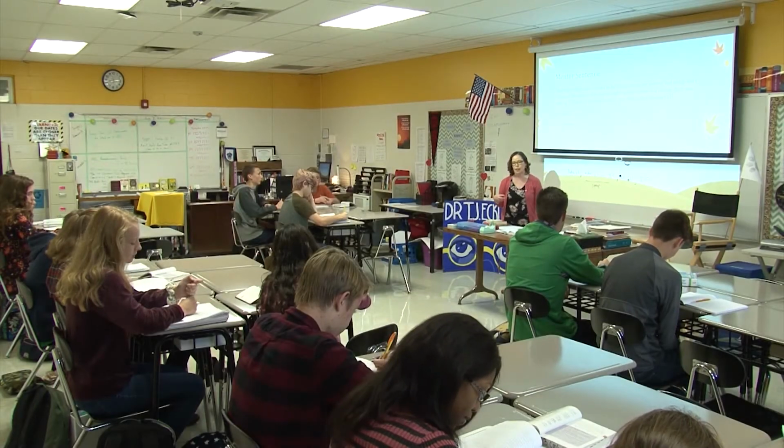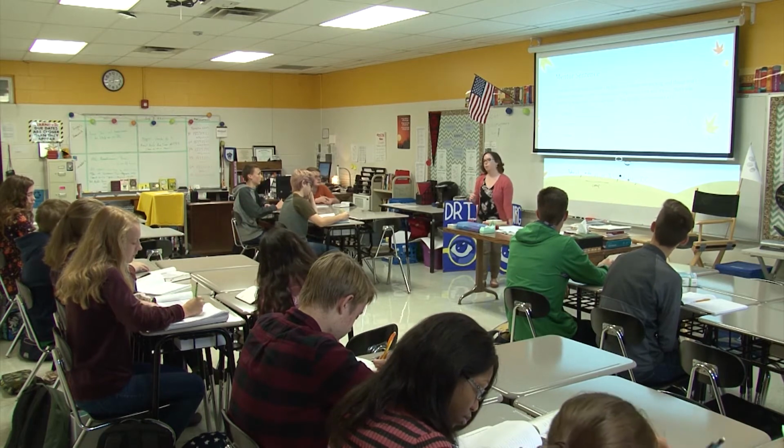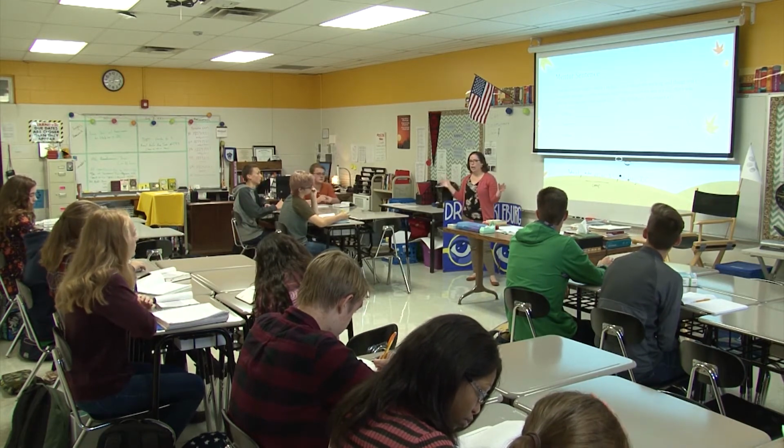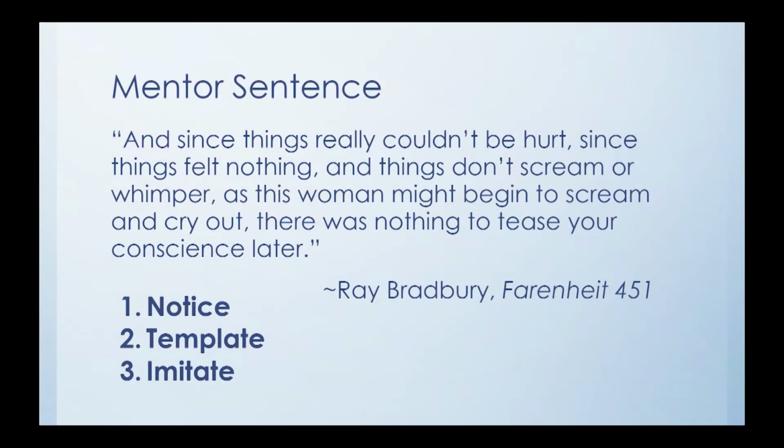So what I would like you guys to do right now is, you don't have to have the exact same structure that Bradbury has, but I'd like you to try some introductory adverbial clauses. So try to stack at least a couple of them onto the beginning and see how that works out, and save your independent clause for the end. Okay, so take a few moments and try to write your own example of this.